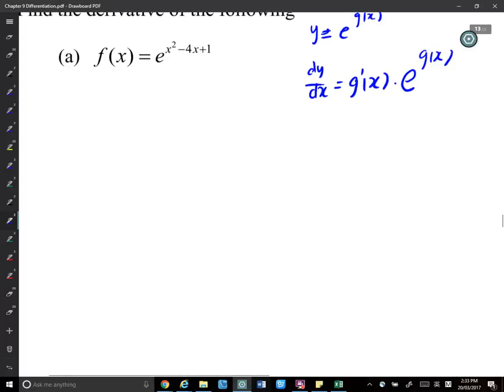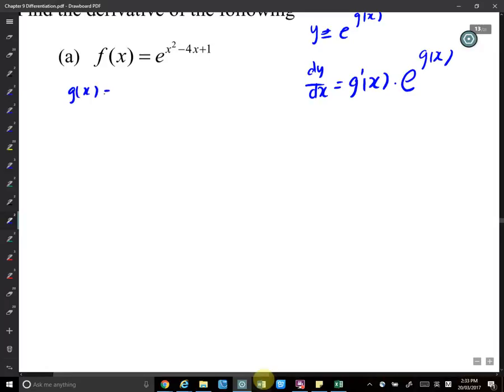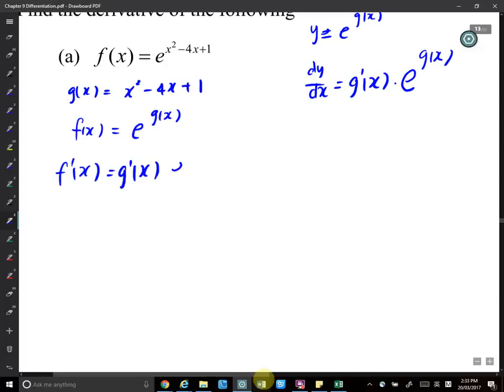So in this question, what is gx? We have x squared minus 4x plus 1. Then fx equals e to the power of gx, then f dash x will equal g dash x times e to the power of gx. So what is g dash x?